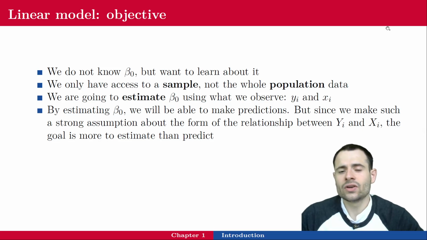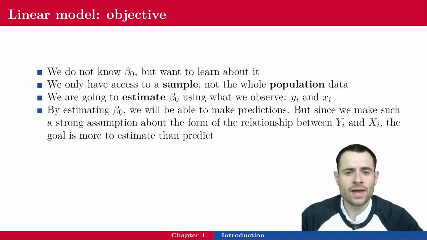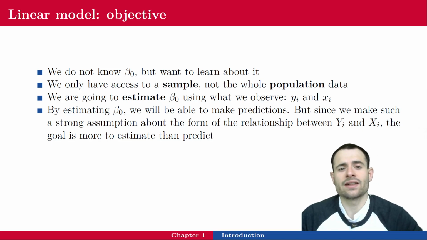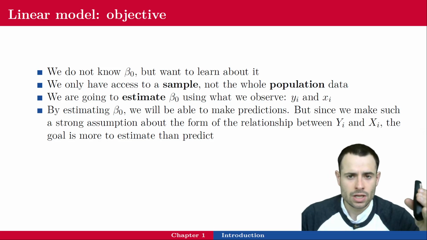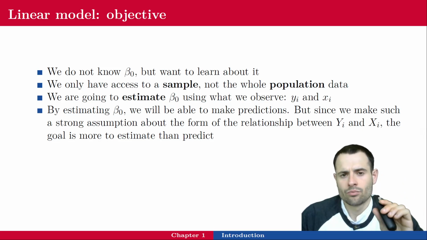And given the nature of the relationship, assumption 1, by estimating beta 0, we will also be able to make predictions. But since we make a very strong assumption, which is that the relationship between x and y is linear, the goal here is clearly to estimate before predict.